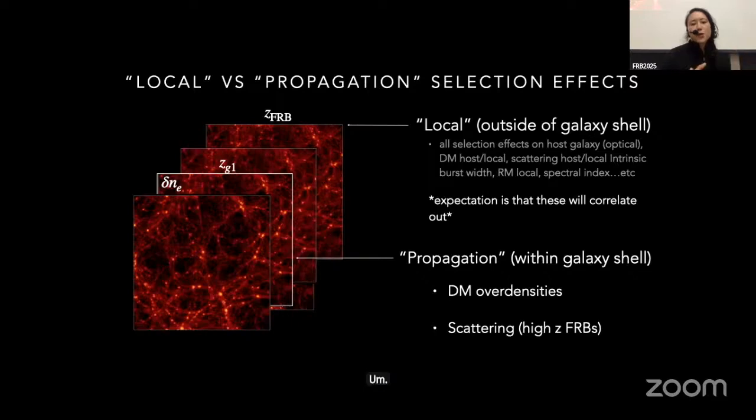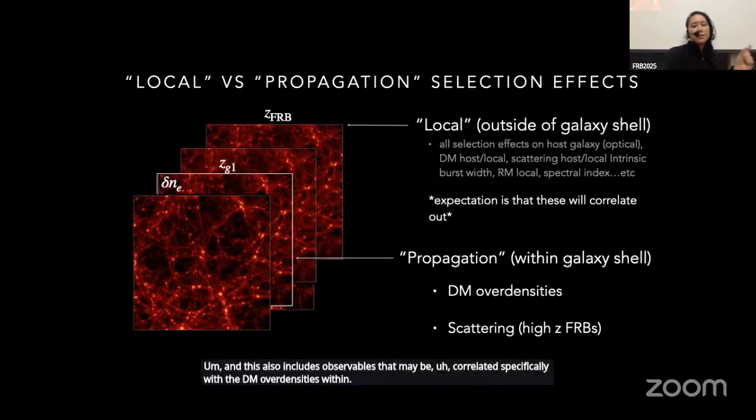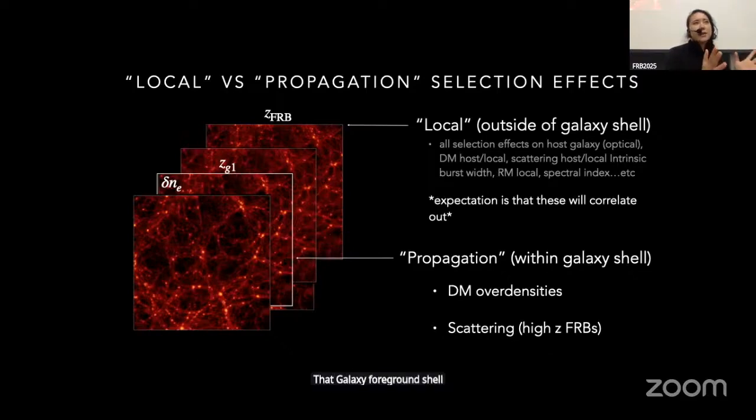This also includes observables that may be correlated specifically with the DM over-densities within that galaxy foreground shell, like scattering, if you're observing your FRBs at a high enough redshift.